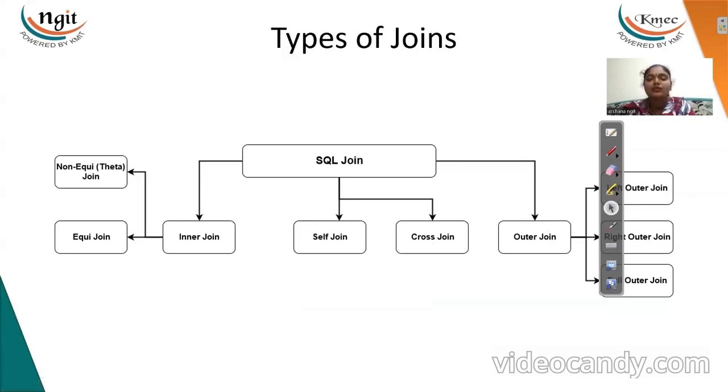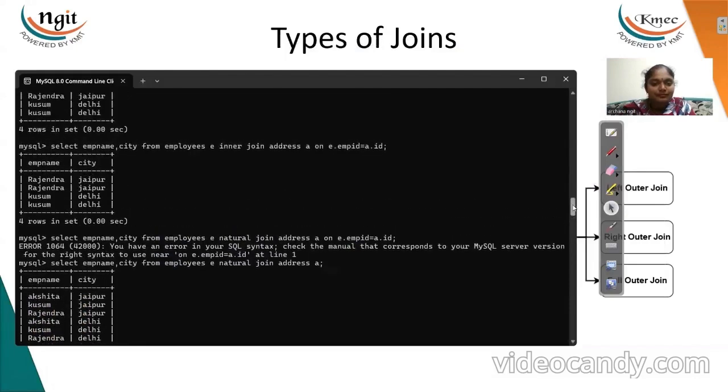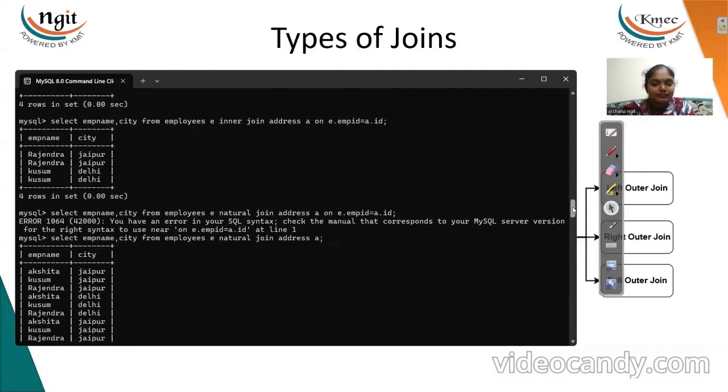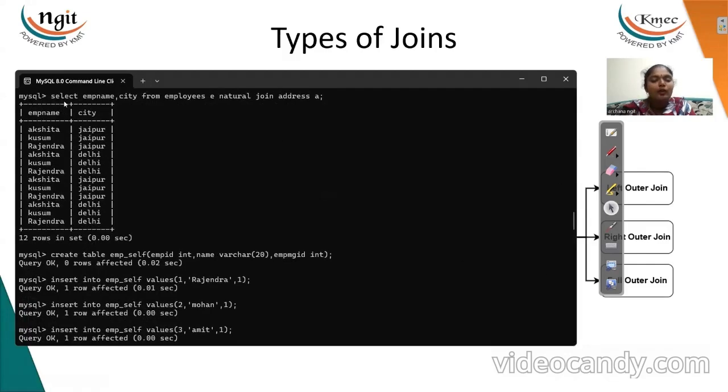Let us first look at how an employee table and the address table can be combined together without mentioning any type of join. I want to take two tables, the employee table and the address table.